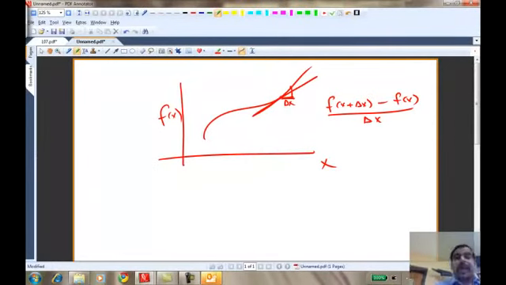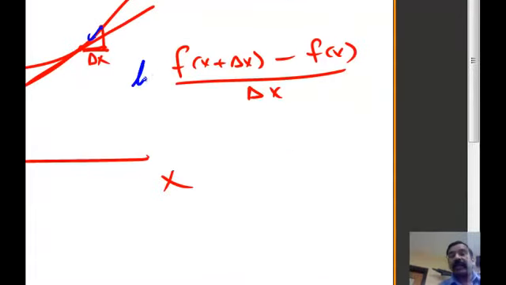So as this point moves towards this point, you are taking the chord and making it tangent to the curve. And that is how we define it. So in the limit of delta x going to 0, that is defined as df/dx. That's a definition for the derivative.